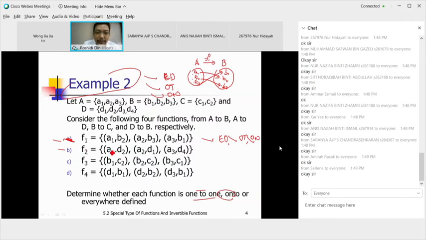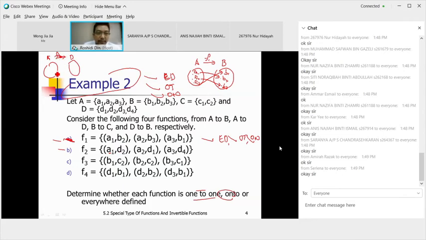F2 is mapping from A to D. Why A to D? Because this utilizes A and D. So this is all elements in A, this is all elements in D. So we will draw another mapping. A maps to D. So we have A, we have D. This relation is represented by F2.